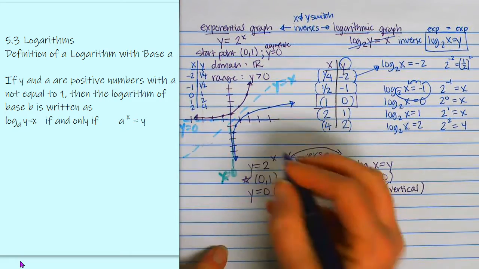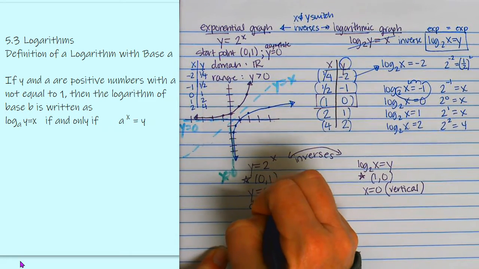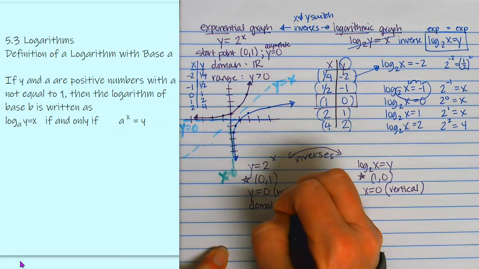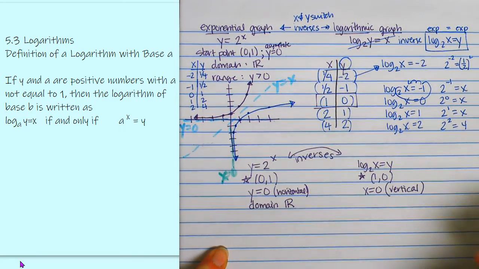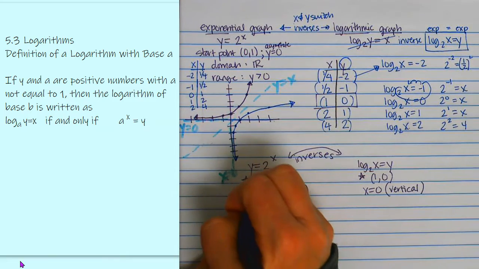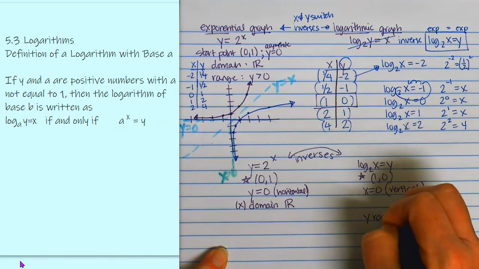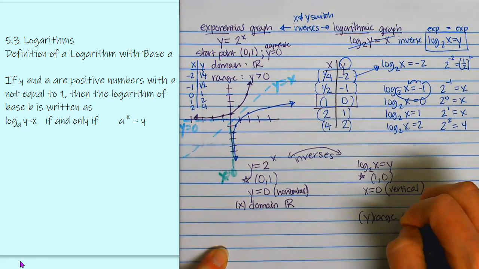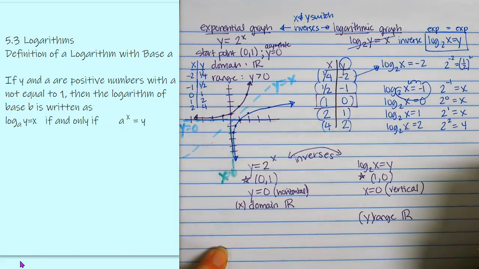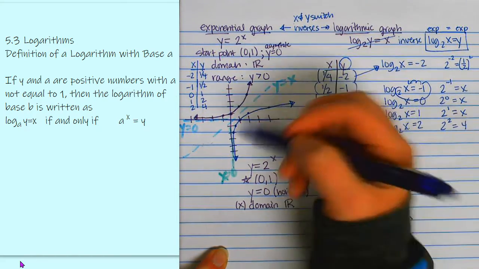What else do we know? The domain for an exponential is all real numbers. That means, since domain is x, that the y, the range, is all real numbers for a logarithmic graph. And so look at this graph.